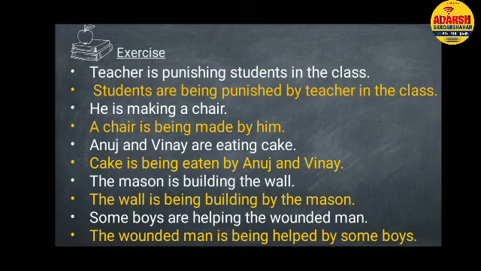So we use here past participle, and we put by also before our subject. And our fifth step, which is put suitable helping verb. So here we put is being because wounded man is singular. So our sentence is, a wounded man is being helped by some boys.